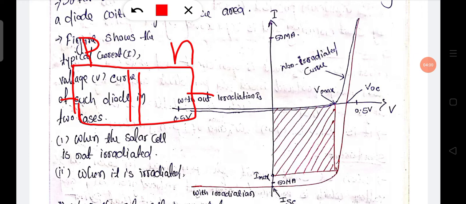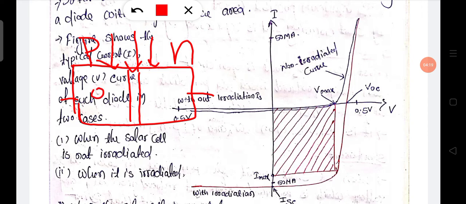So when the sun radiation falls on that PN junction, hole and electron pairs are created.